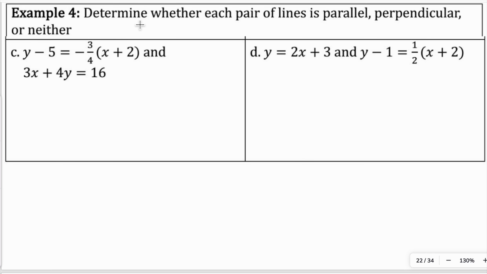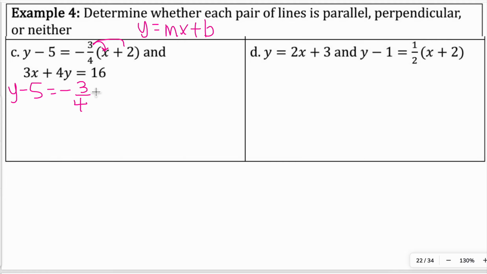This is when it'd probably be helpful to put in slope-intercept form, because that would be the easiest one to determine from here. So looking at letter C, I have two different ones that are not in slope-intercept form, so I'm going to start with that first one. Y minus 5 is equal to, I'm going to go and distribute -3/4 to the x and the 2.